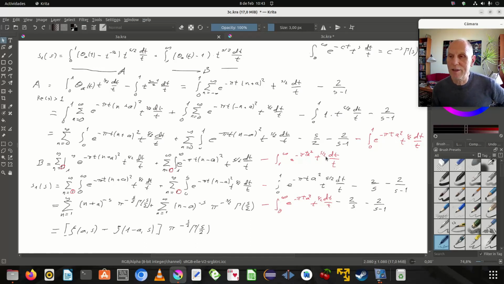And then it gives a total integral. This is a little weird, really. This is an entire function as well, except when a is naught, which is not.